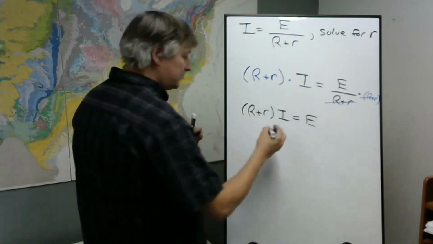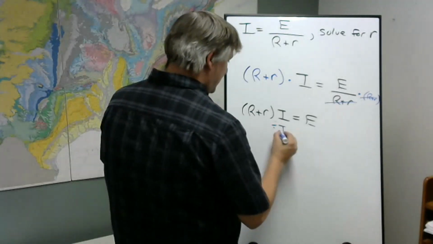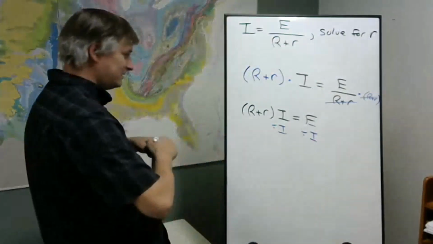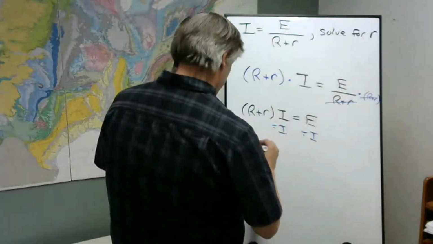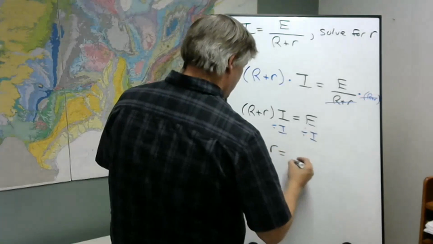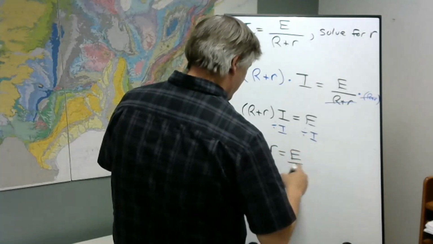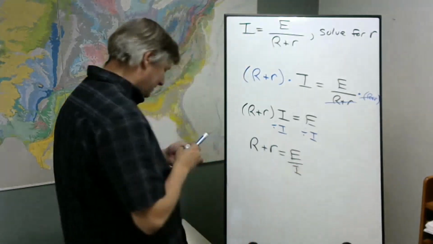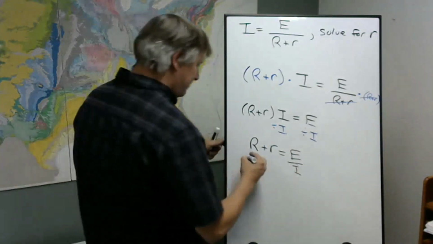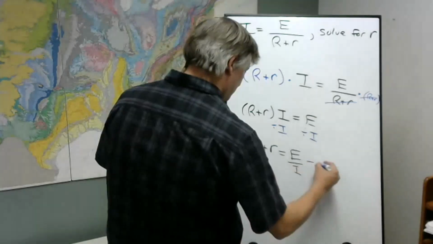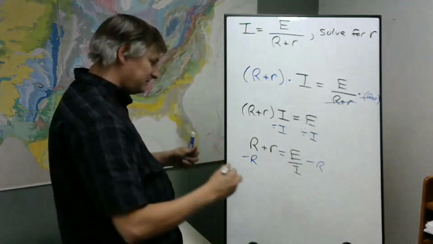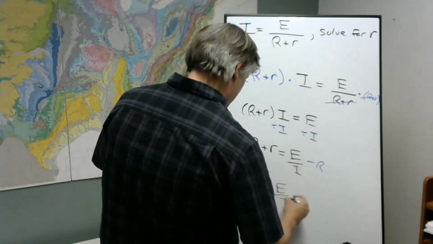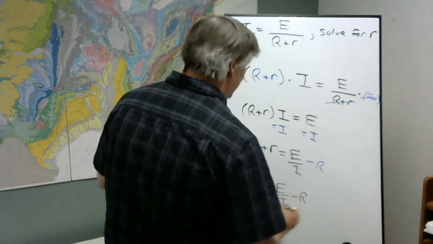So one way we can do this, we can divide both sides by I. So we'll get R plus r is E over I. And then subtract capital R. So I'll get r equals E over I minus R.